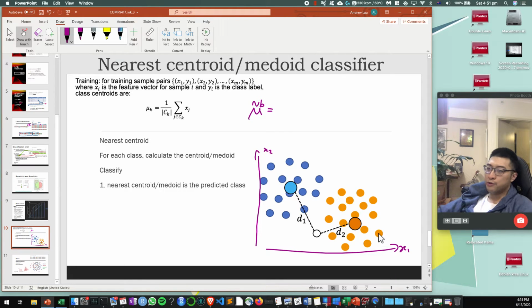This orange, right? Effectively, what you do is you take the average of all the x1 for the blue data points.